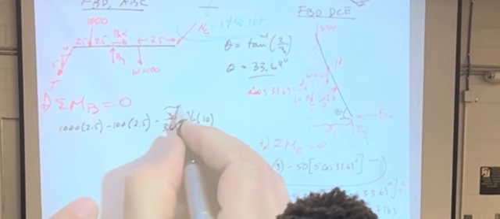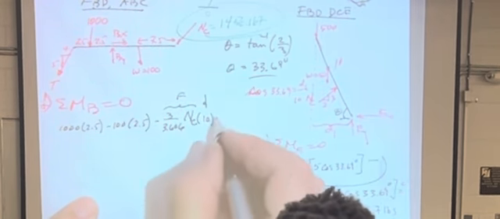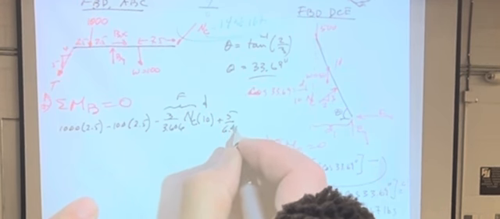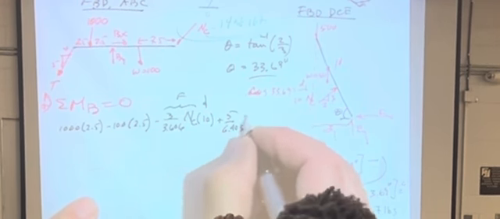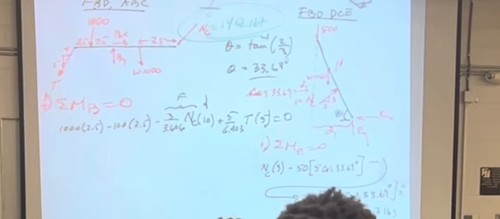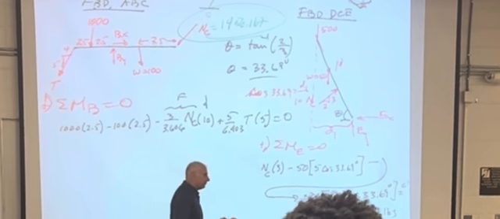This right here is the force. There's the distance. Plus 5 over 6.403 T times 5 equals 0. Again, in this case, I use slopes rather than angles. You can use angles, it doesn't matter, same thing.